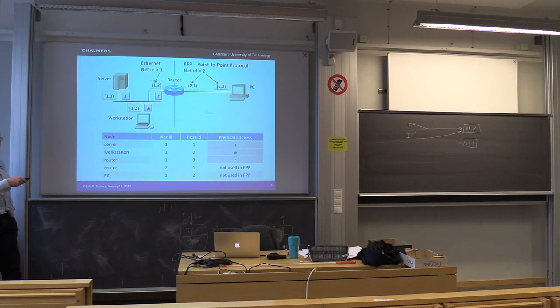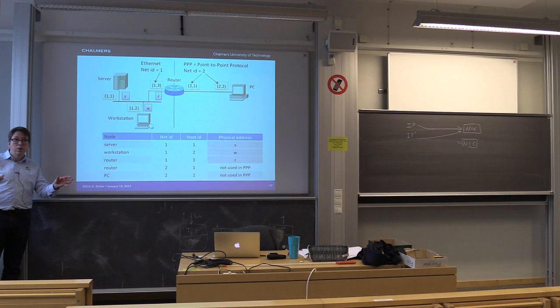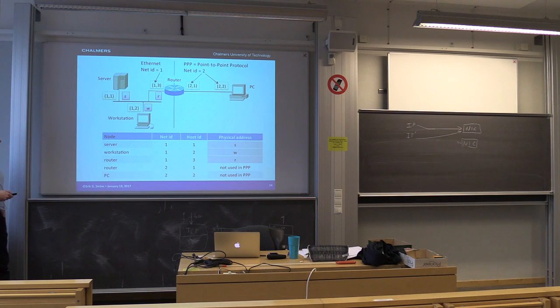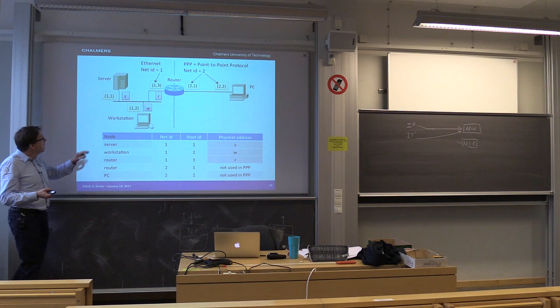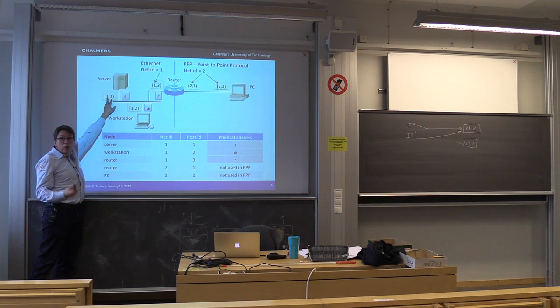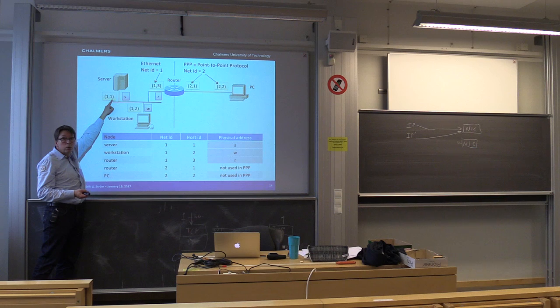The simplest we can think of. Now, IP addresses have 2 parts, one which identifies the network and one which identifies the host on that network. It has 32 bits, but to save space on the slide, we just take 2 decimal numbers here. The first one identifies which network we're on, and the second one which computer it is, which host.